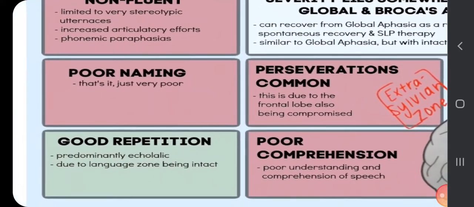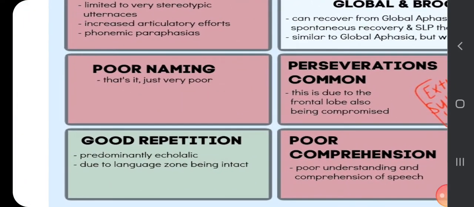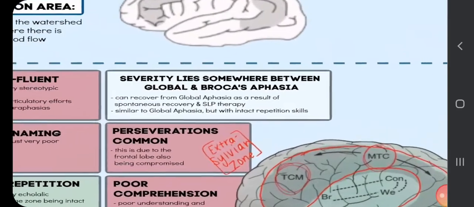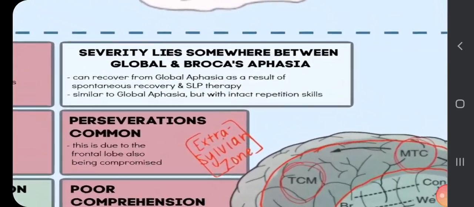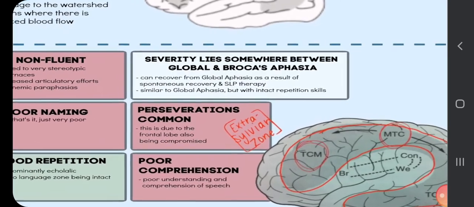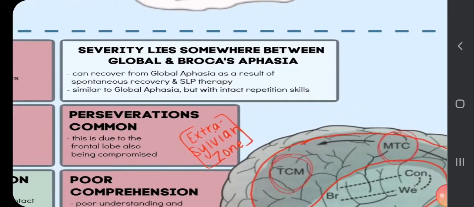However, the repetition is very good and predominantly echolalic due to the language zones being intact. So this means that if you give this person a phrase or a sentence to repeat, they can do it. If you compare the verbal output with the repetition skills, their repetition skills are far better as compared to the verbal output.